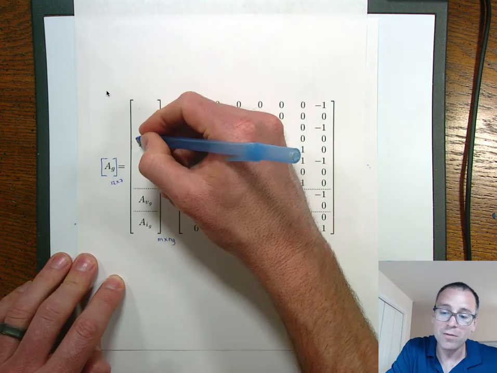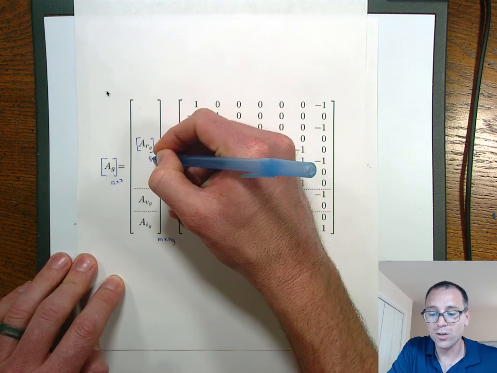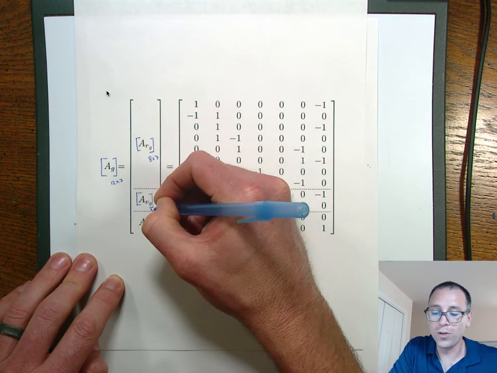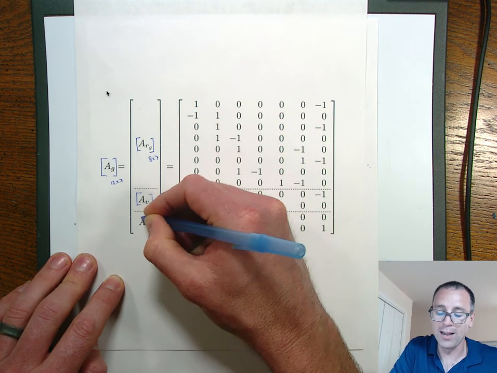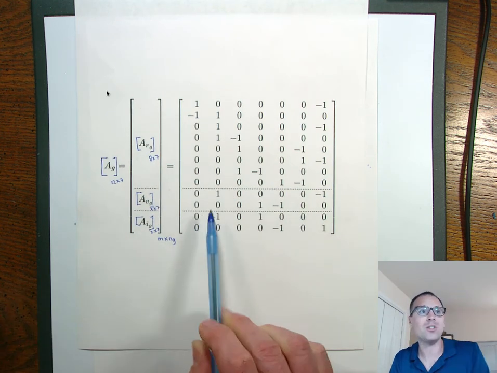But then in this case we have 8 resistors and 7 nodes. In this case we have 2 voltage sources and 7 nodes. And in the final case, we have 2 current sources and 7 nodes. And that's what you see here.